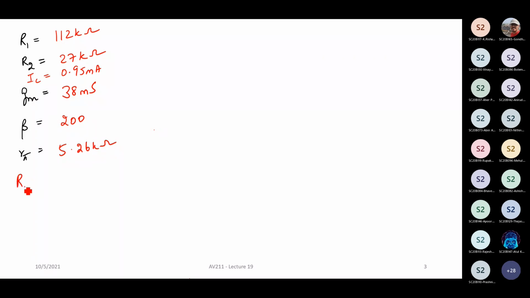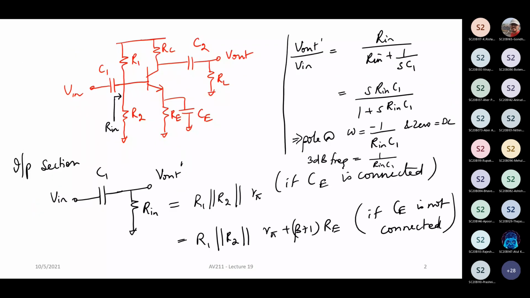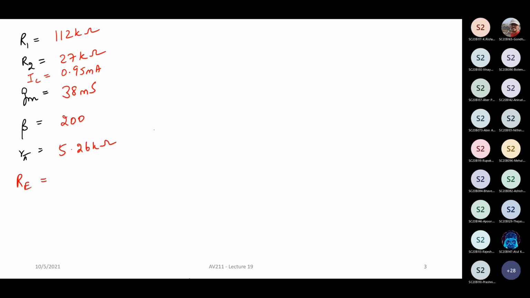Now, this is without CE, right? So what was your value of RE? Value of RE, anyone? So 1 kilo ohm. Okay. All right, so what is your Rin? So Rin becomes R1 parallel to R2 parallel to R pi plus beta plus 1 times RE. Correct?